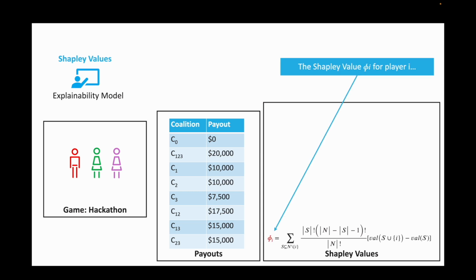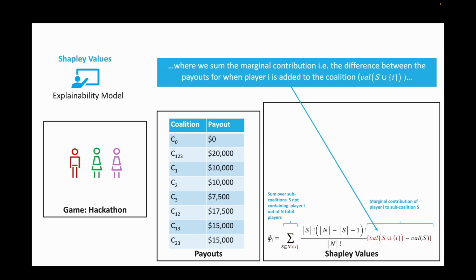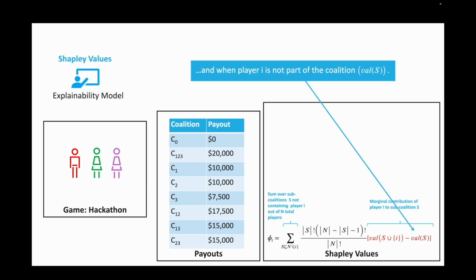The Shapley value phi sub i for player i is the sum over all possible subcoalitions S not containing player i, where we sum the marginal contribution, that is, the difference between the payouts for when a player i is added to the coalition and when player i is not part of the coalition.